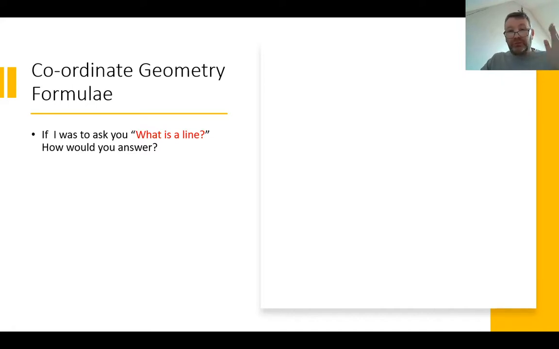So if you're to plot two coordinates A and B, the shortest distance between A and B will be a straight line. I don't know whether you've ever heard the phrase, as the crow flies. Somebody might say to you, well, what's the distance between here and Drogheda? And people might say, well, as the crow flies. Now what that means is, if you were to put a point on Dublin and a point on Drogheda, the shortest distance as the crow flies would be the straight line between those two.